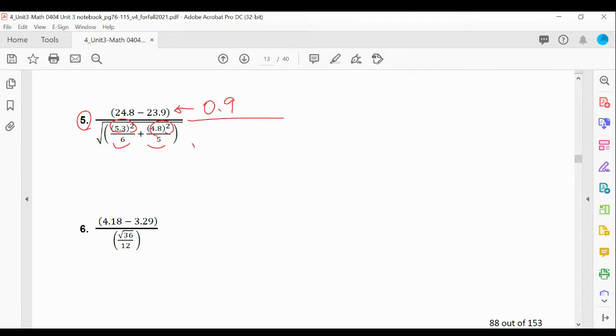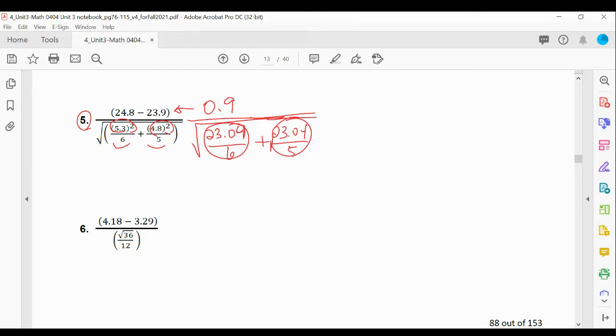So this becomes the square root of 23.04, don't forget the square root, divided by 6 plus 23.04 divided by 5. Now you can keep the exact fraction, or just go ahead and divide those two and add them together.